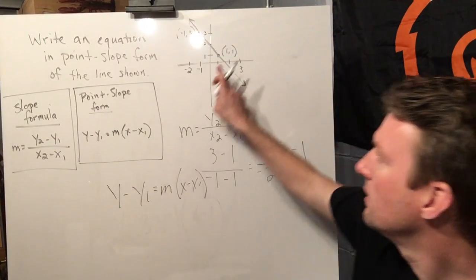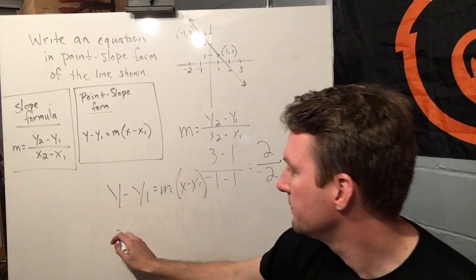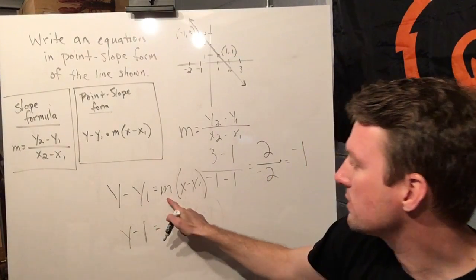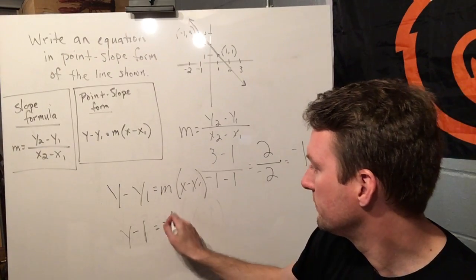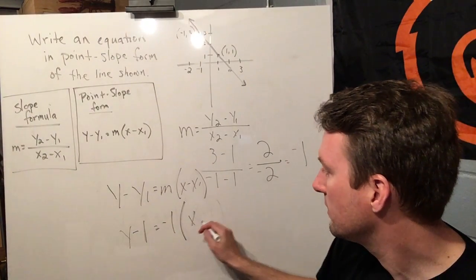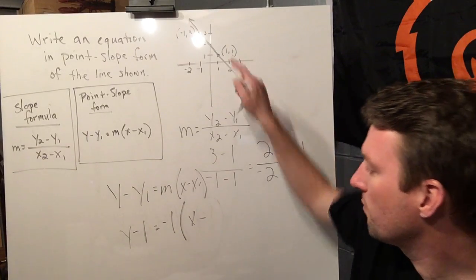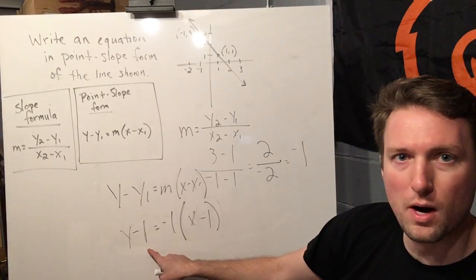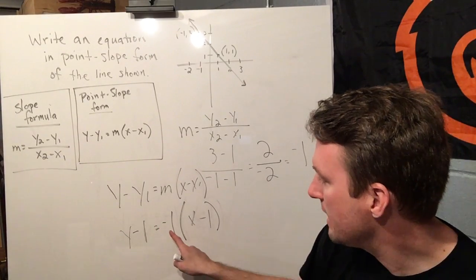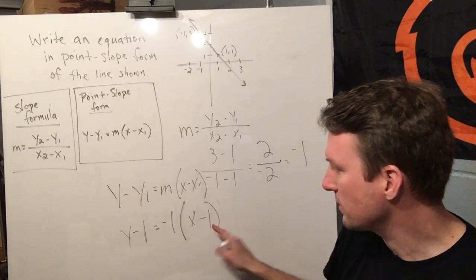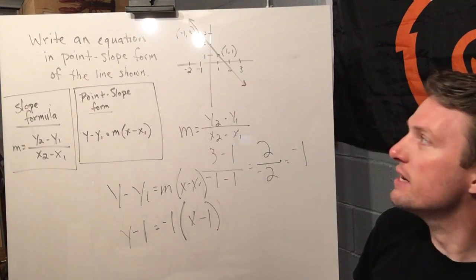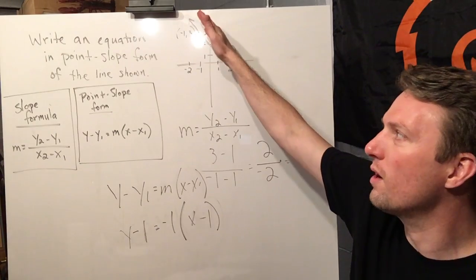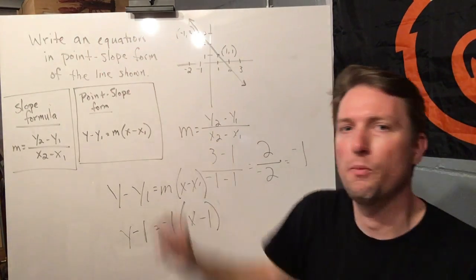Now, y would stay as y. y1 would be 1 equals m, which is -1, times x minus our other coordinate 1, x1. So I have y minus 1 equals -1 times x minus 1. Congratulations, you have just now written not one, but 2 equations for this line in point-slope form.